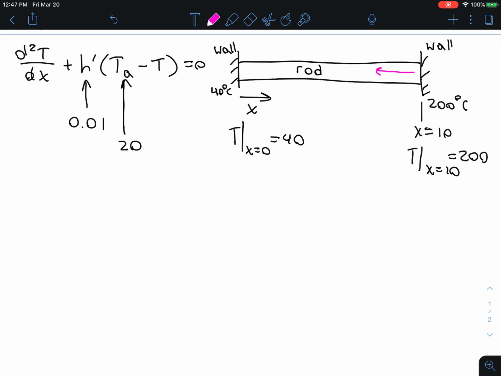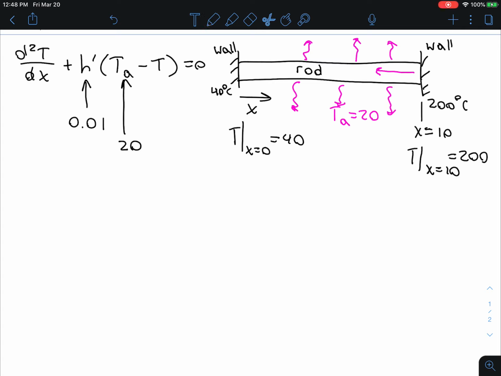And if there is air present, what we say is we have an ambient temperature of 20 degrees C. Then what's going to happen is where the wall is hot, it's actually going to transfer energy or transfer heat to the air, which is at a lower temperature.